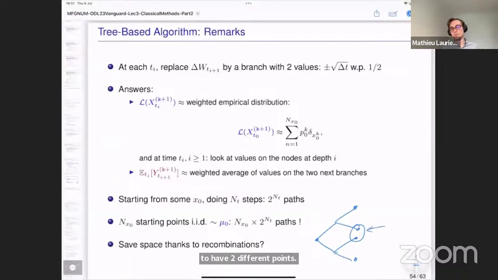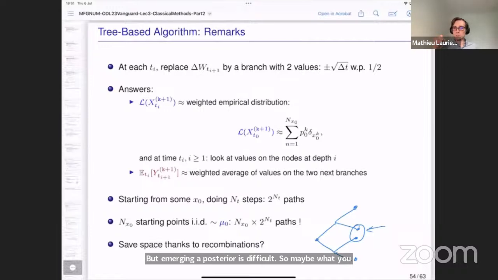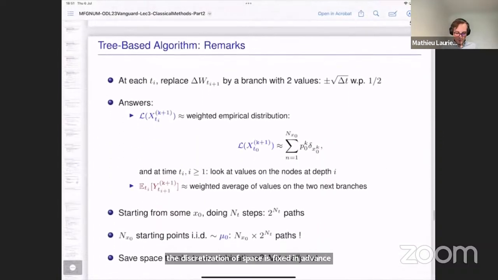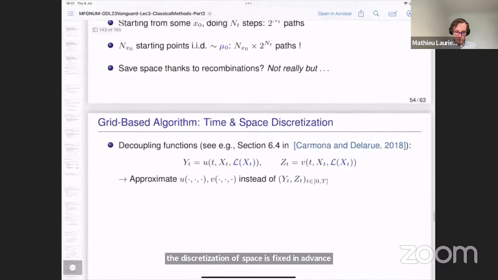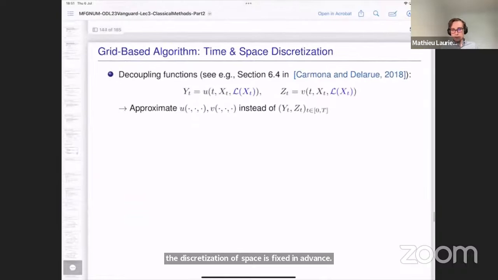But in practice, if you think in terms of location, maybe these 2 points are close, and then you can merge them. But merging a posteriori is difficult. So maybe what you can do is, instead of using a tree, use a grid where the discretization of space is fixed in advance. Well, actually there is still some cost, but that's one motivation.